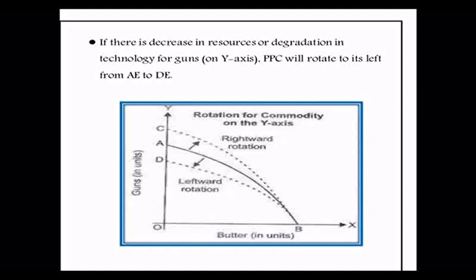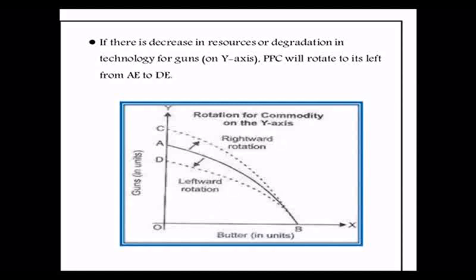So rotation happens in the case of only one commodity, and shift happens when there is change in technology and change in resources for both goods, X and Y. I think it is clear to you all.